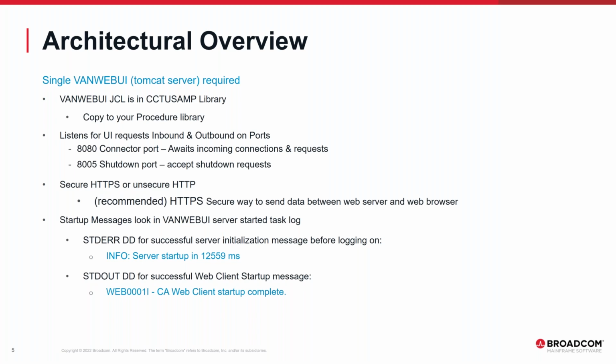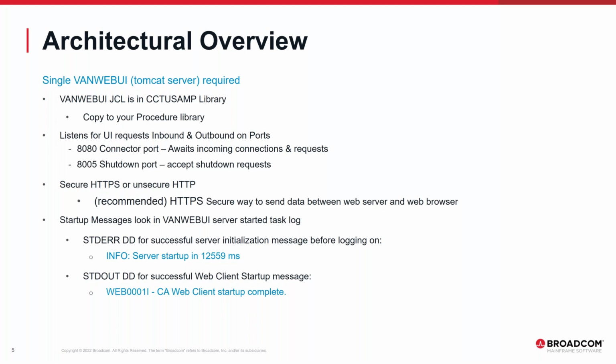Typically, those are already taken up or they're not allowed in your systems. You can try to use those, that's fine. But what I recommend is going to your network person, asking for two ports for the Van Web UI, and reserve them in your TCP/IP profile so they're set for the Van Web UI only.